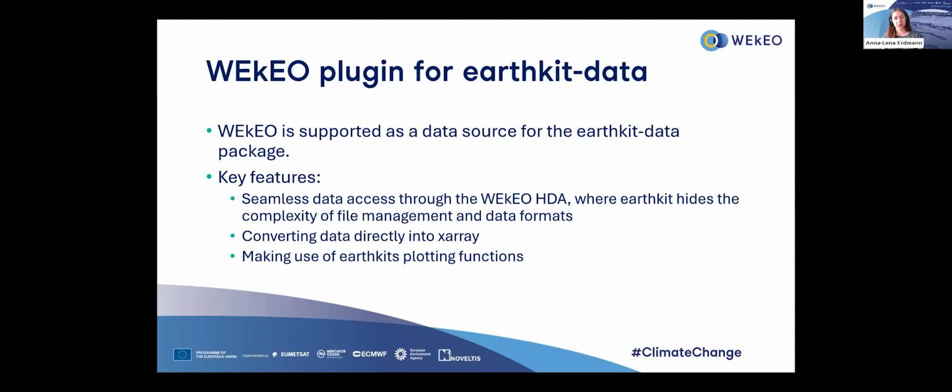So you can, using Earthkit, directly convert data, for example, to Xarray and then go on with your processing from there. And also you can use the Earthkit plotting functions on some data sets of WEkEO. Not everything is supported, unfortunately, but I will show later a quick overview of which data sets are supported in Earthkit.